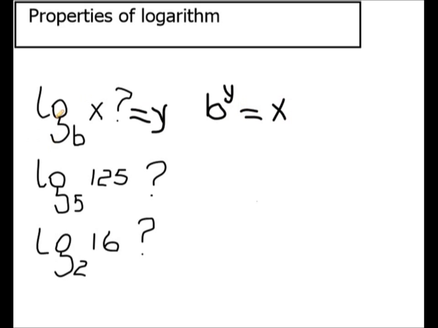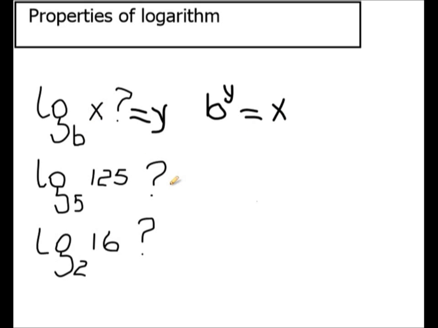When I compute log base b of x, I'm trying to find the power of b such that b to the power of this number y gives me x.